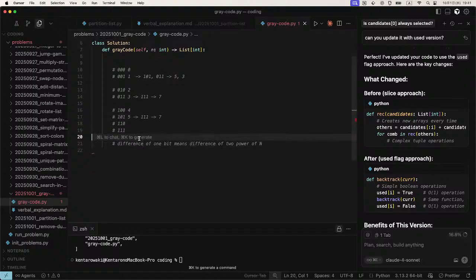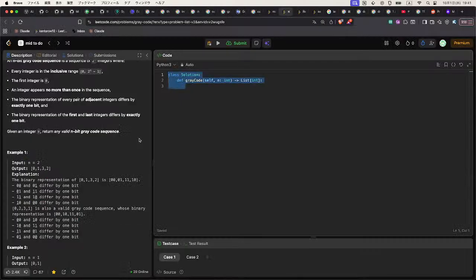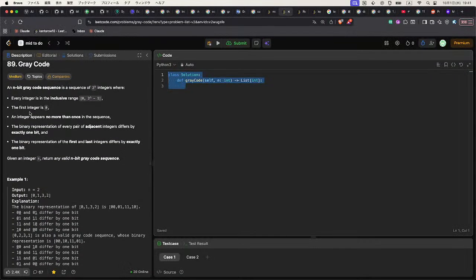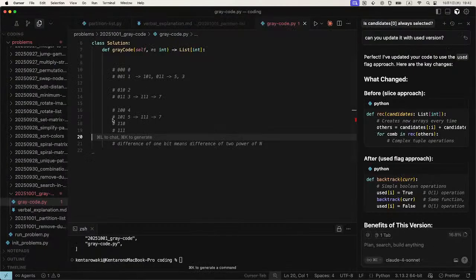Okay. And the gray code sequence must start with 0. So 0, 1, for example, 0, 1, 3, 2.